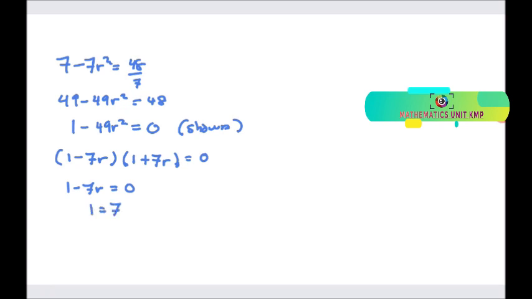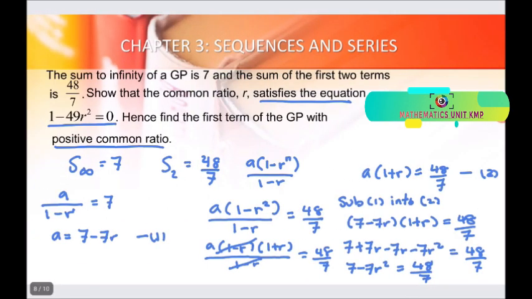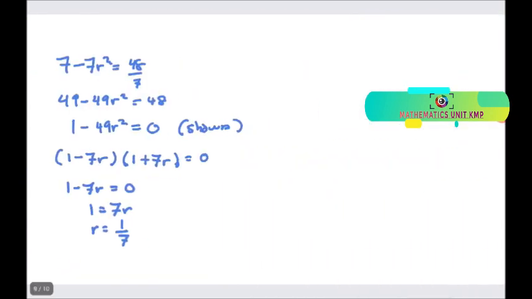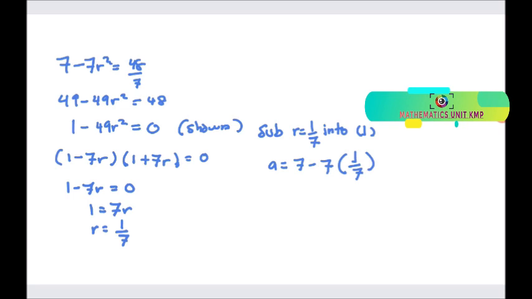So 1 equal to 7r and r equal to 1 over 7. So from here we're going to substitute r equal to 1 over 7 into equation 1, 7 minus 7r. And we will get a equal to 6.